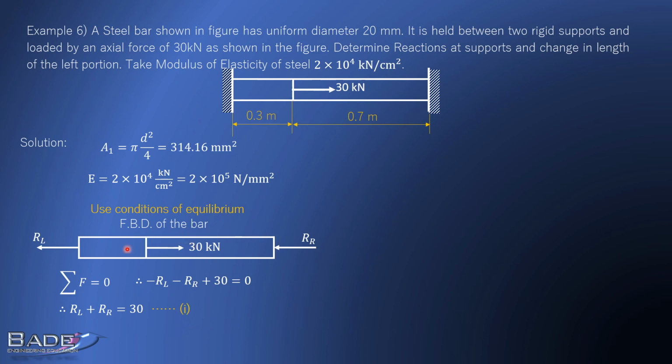Now, when you draw a free body diagram and apply conditions of equilibrium, remember the number of unknowns and the number of conditions of equilibrium must be the same so that you can find the unknowns. Here there is only one condition of equilibrium we can apply, but the number of unknowns is 2. So we cannot find these unknown reactions by conditions of equilibrium only.